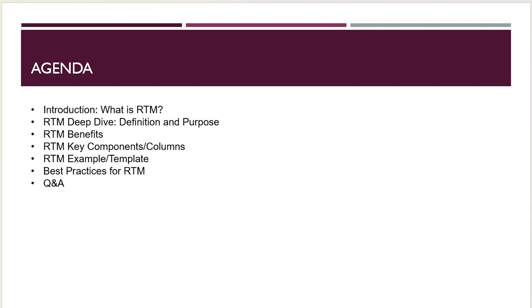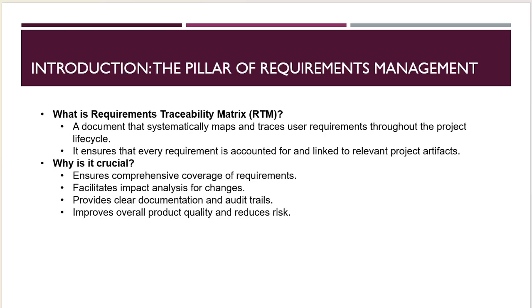So guys, let's do a deep dive into the RTM, which we call the requirement traceability matrix. Introduction: the pillar of requirement management. Let's discuss what a requirement traceability matrix is. It is a document that systematically maps and traces user requirements throughout the project life cycle.